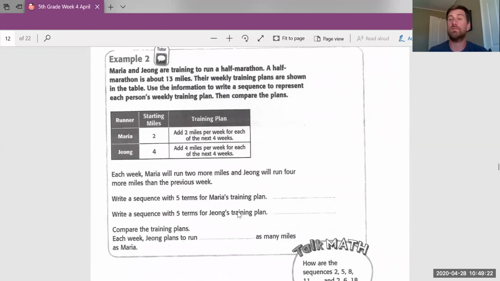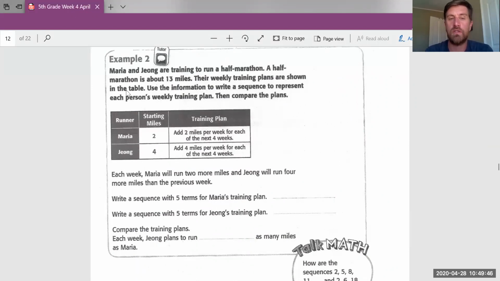Now, guys, as I was doing research into this problem before I got on and talked, I ran into a problem, and I'll explain it. This example too, we'll do this one. I'm going to do it all with you because I find it flawed. Maria and Jiang are training to run a half marathon. Now, I've run a few of them, so I know a half marathon is about 13 miles.